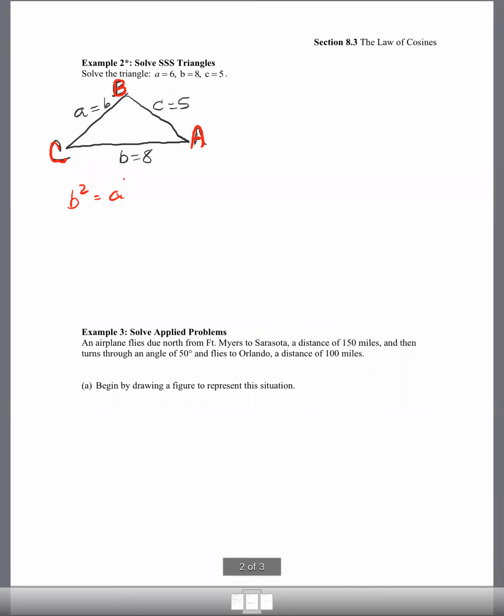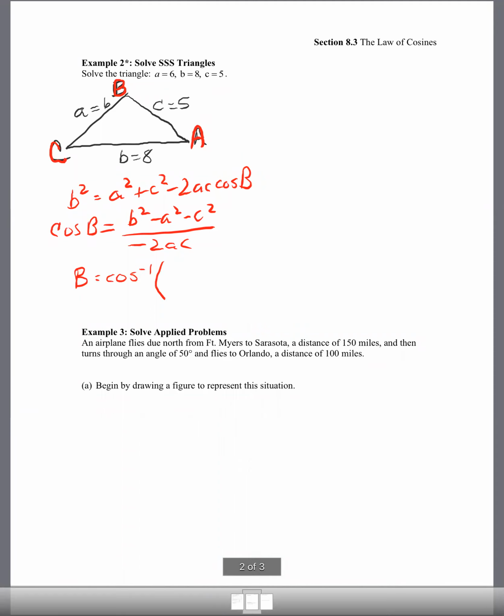We'll have to use knowledge about A squared, C squared, and we need to know something about angle B. Well, if I don't know angle B, all I have to do is plug in my numbers and isolate B, or I can rewrite my formula as the cosine of B is equal to B squared minus A squared minus C squared, all over negative 2AC. And so then our angle B will end up being the inverse cosine of this fraction.